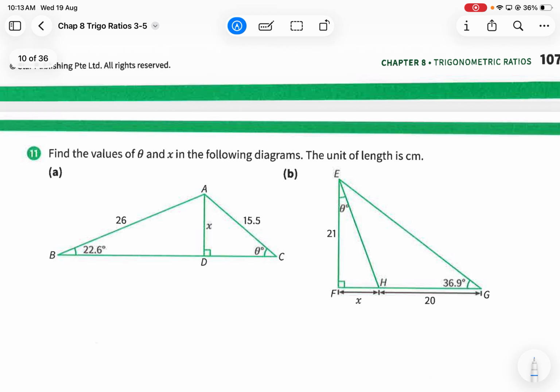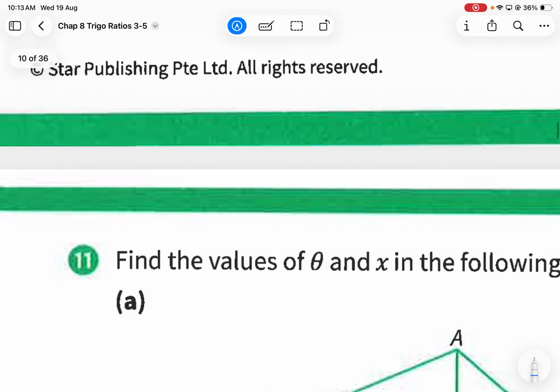They want us to find the values of theta and x. Again, this thing is called theta. It is a symbol. Usually we use this symbol to name an angle.